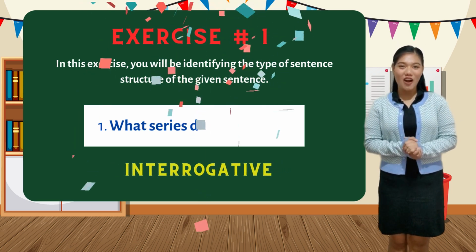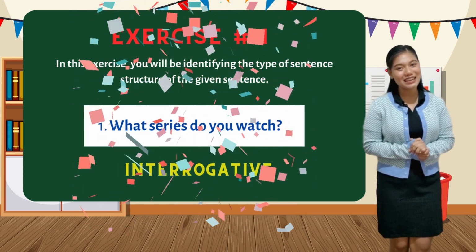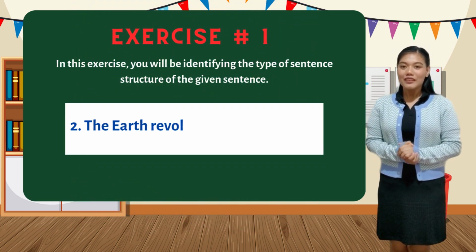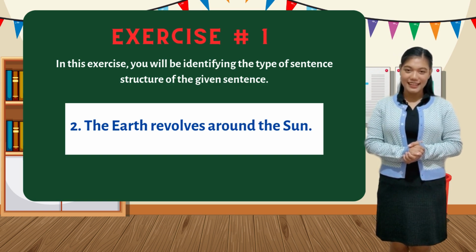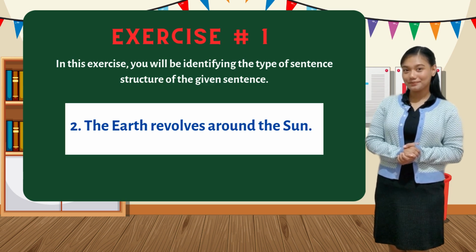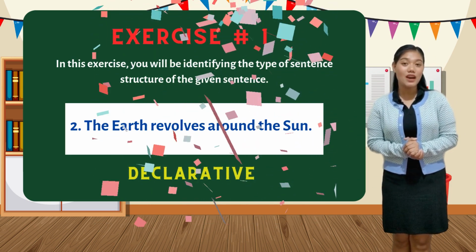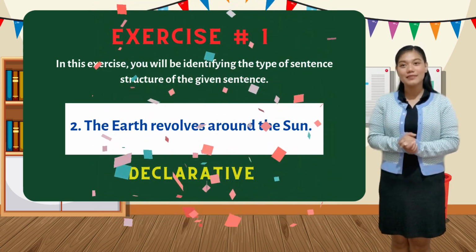Yes, interrogative sentence because it's asking a question. Number two sentence. The earth revolves around the sun. This is, yes, a declarative sentence because it simply and directly states a fact.